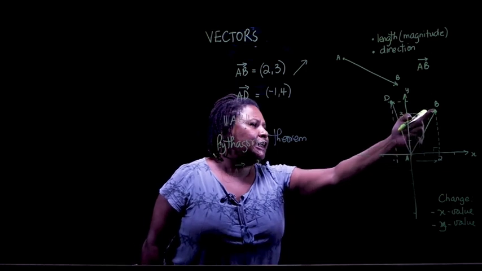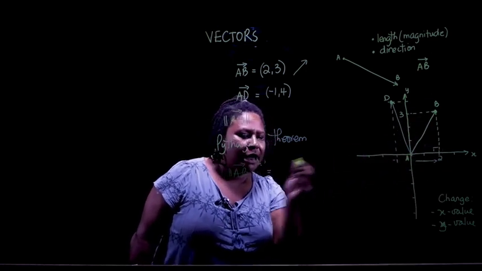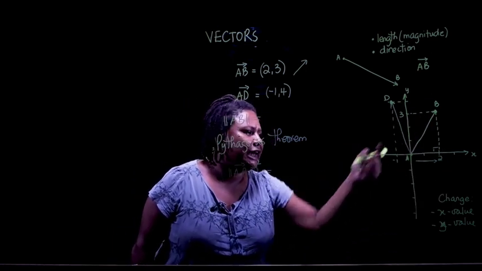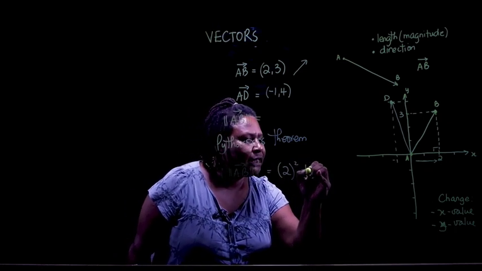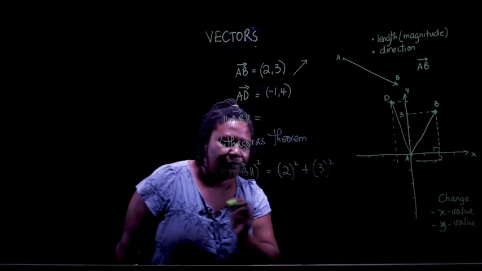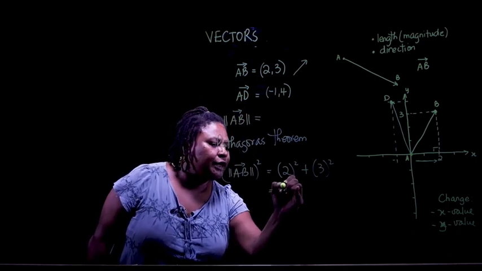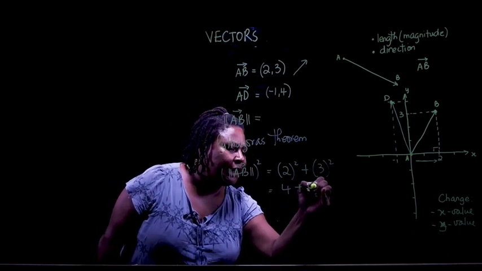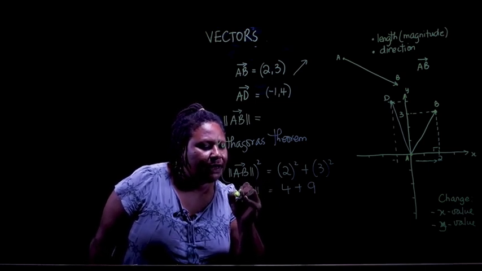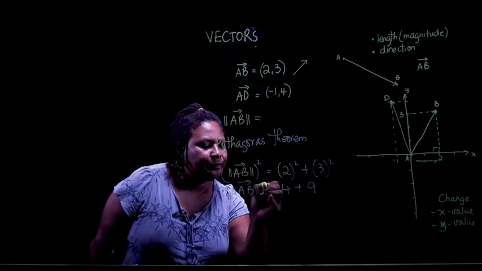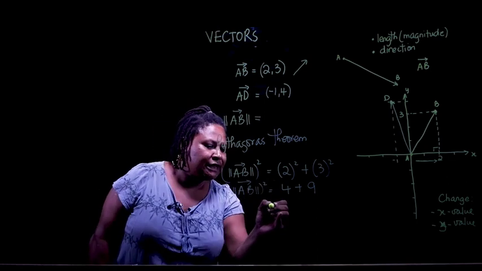The square of AB is the hypotenuse, equal to the sum of the 2 short sides, which is 2 squared plus 3 squared. 2 squared is 4, plus 9, gives us AB squared, which is 13.